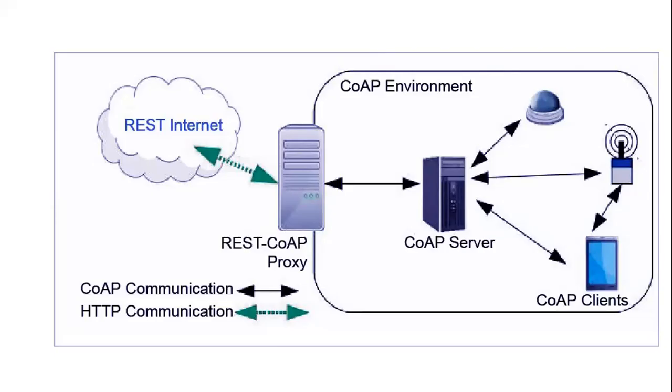And here the arrows: the black color arrow shows the CoAP communication that is happening between the client and server within the CoAP environment, whereas the green color arrow represents the HTTP communication between the internet and the proxy, the REST CoAP proxy server.